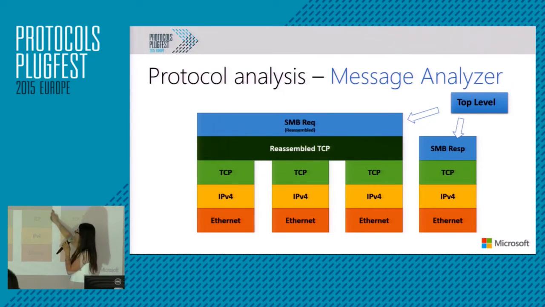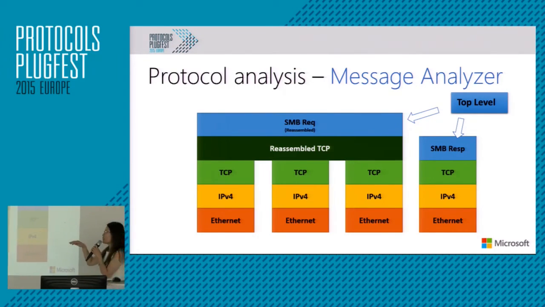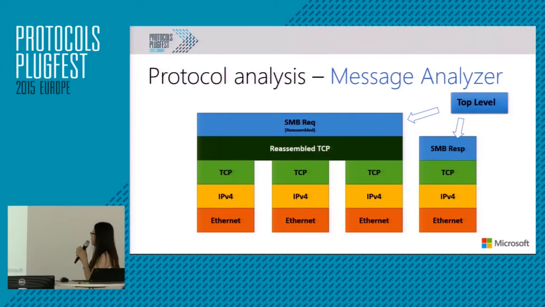So here on the UI, you will see a reassembled TCP, and everything up there is based on this reassembled TCP. So it's very clear. You can see the different frames online and how they are grouped together. And if you are interested in only the application layer or upper layer, you can just see the top layer and ignore how things are organized under there.